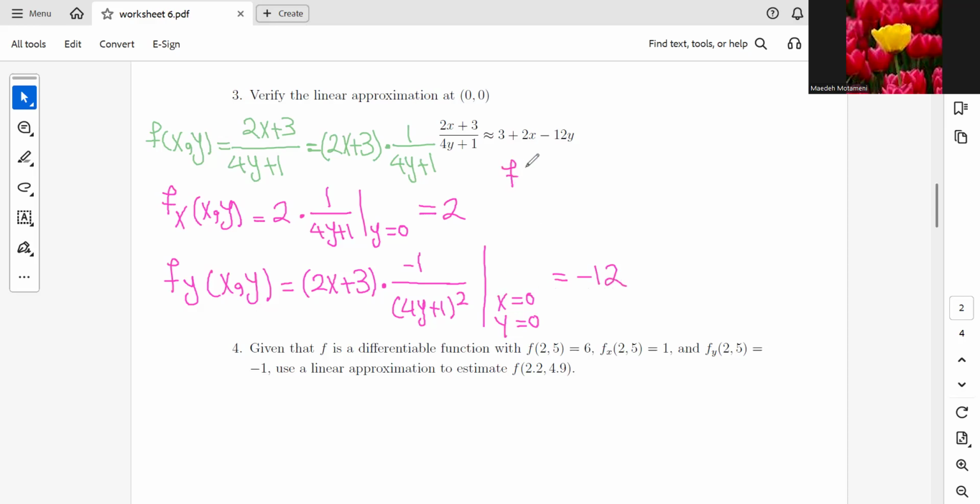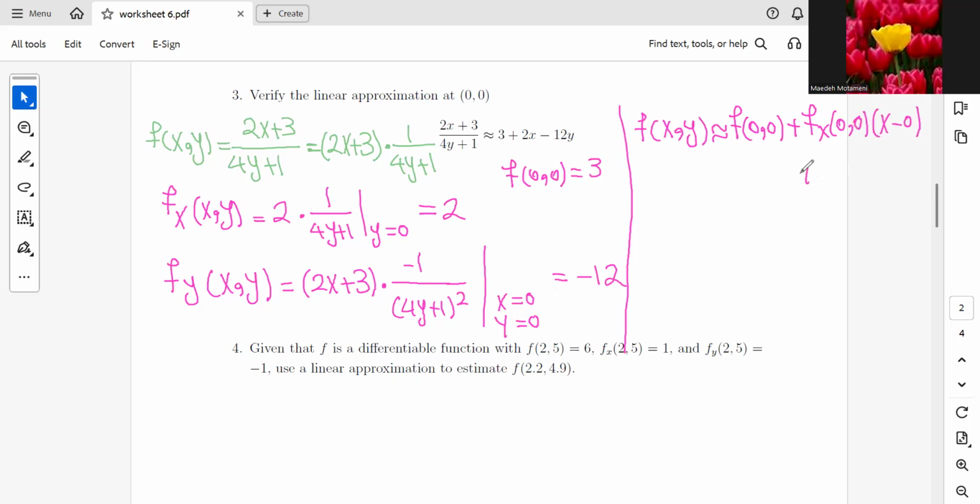And f of (0, 0), the point that is given to us, is 3. Putting them together as the linear approximation, f of x and y would be approximately f of (0, 0) plus the partial derivative at this point times x minus 0 plus the partial derivative at this point with respect to y times y minus 0.